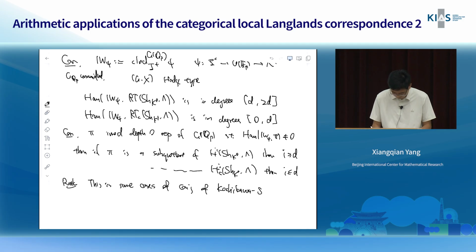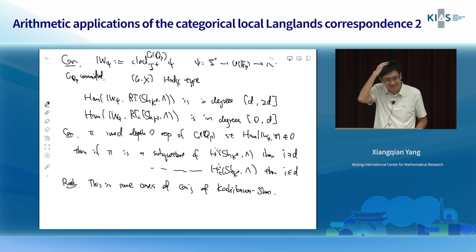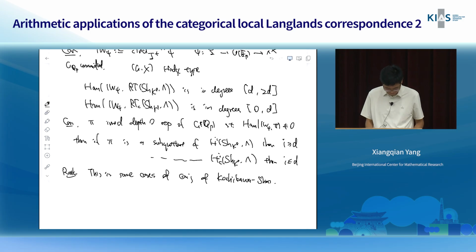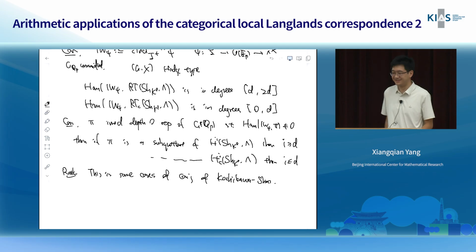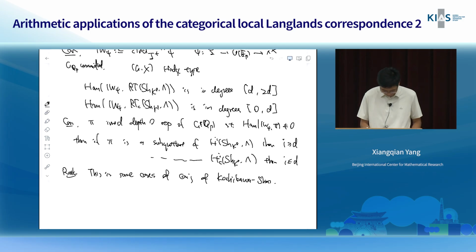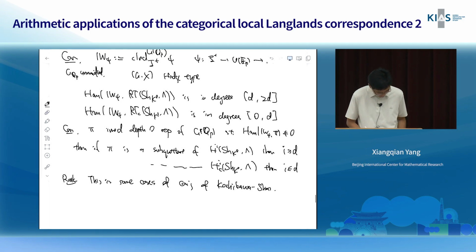Maybe the generic case was attributable to many people before, really I don't know, many experts. Anyway, they have much more general vanishing conjectures than this.